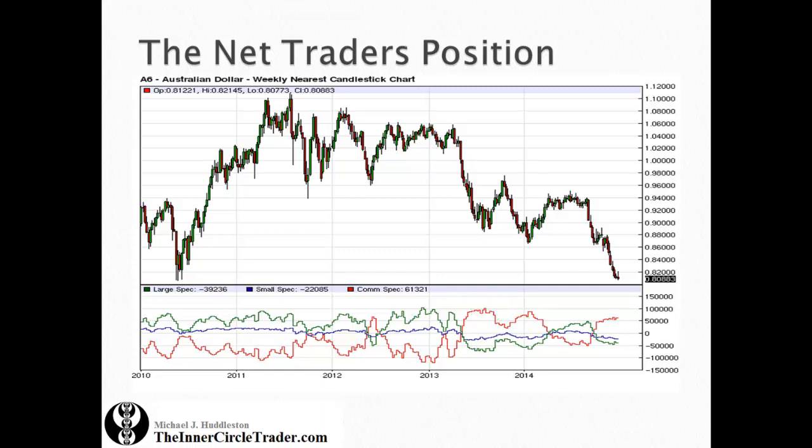In other words, they may have 300 thousand contracts of interest in the Australian dollar, but on a net long basis, they have 100,000 more longs than they do on the other side.